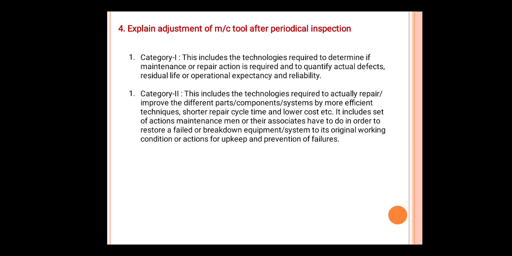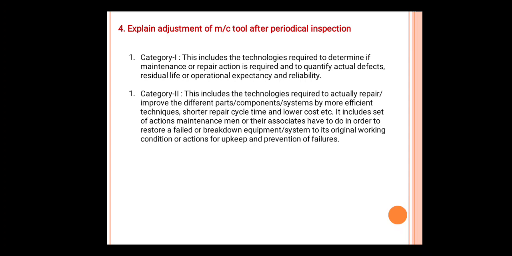We have two categories while adjusting the machine tool after periodical inspection. The first includes the technologies required to determine the fault, if maintenance or repair work is required. So that technology is to be first identified during the periodical inspections, quantifying the actual defects, and then we should rectify the actual defects.